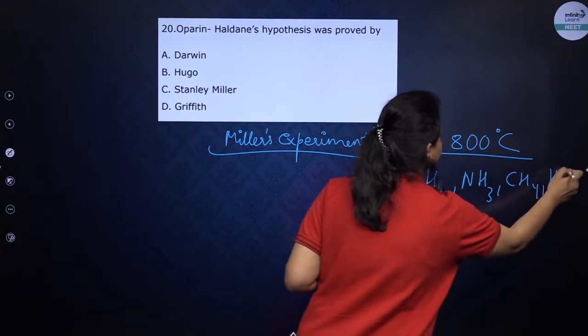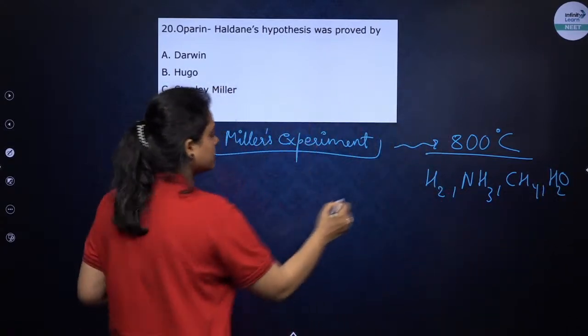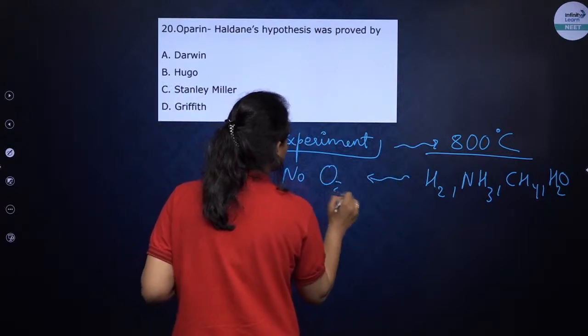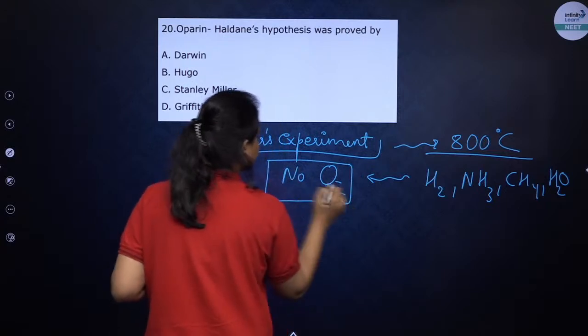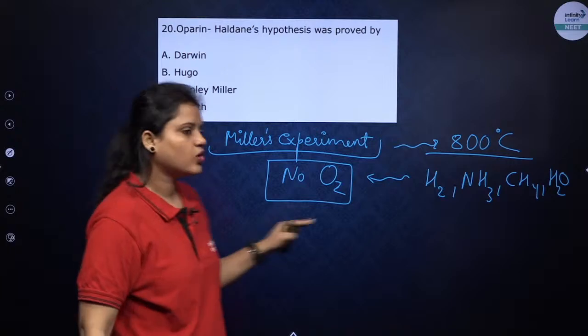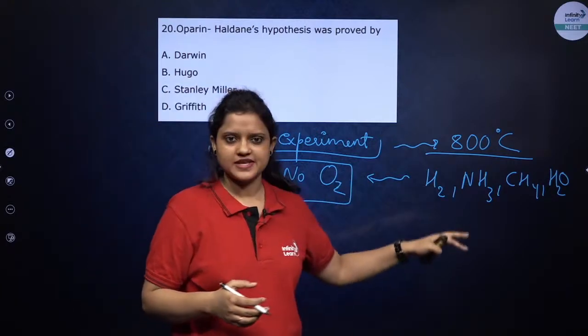Can you see? No oxygen was there. So let's write this down too. There was no oxygen. Very important point, right? Also the temperature was raised and all these gases were present.